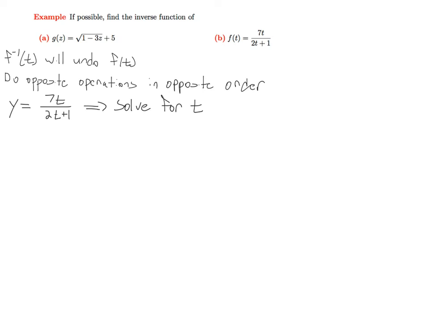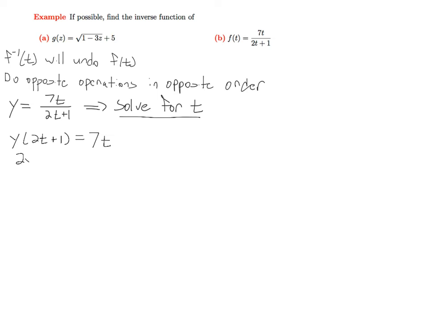So what we could do is multiply both sides of the equation by 2t plus 1. And that gives us y times the quantity 2t plus 1 is 7t. And we want to solve for t here, so let's group all of our t terms on the same side.